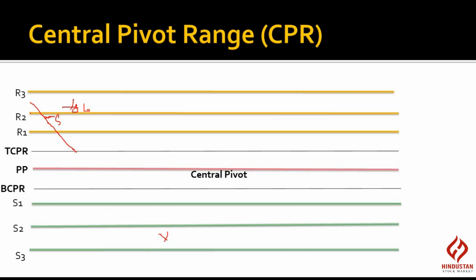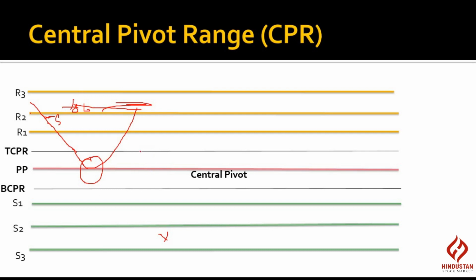So once the price comes near the CPR, there is a greater chance that it can reverse, right? And your stop loss gets hit. If you don't book your profit here, it can reverse, and here is your stop loss, right? So your stop loss will hit, and you will end up losing your entire profit and ending with a loss, right?